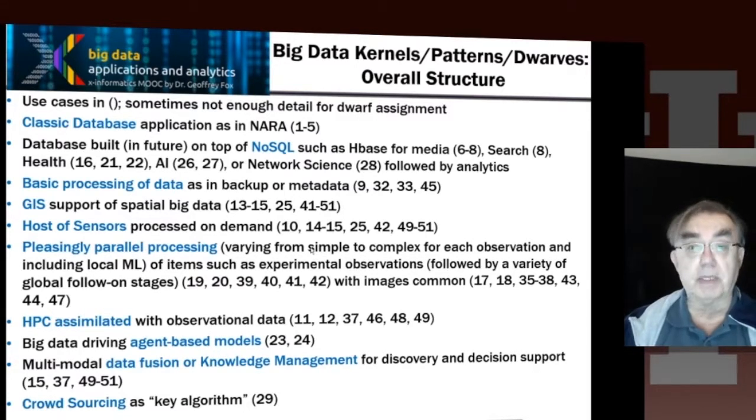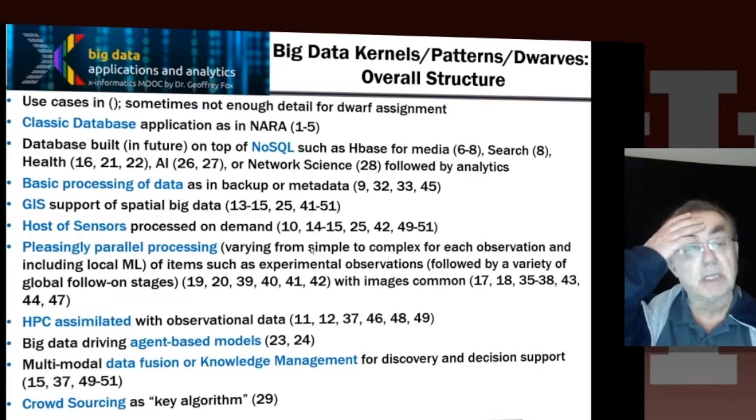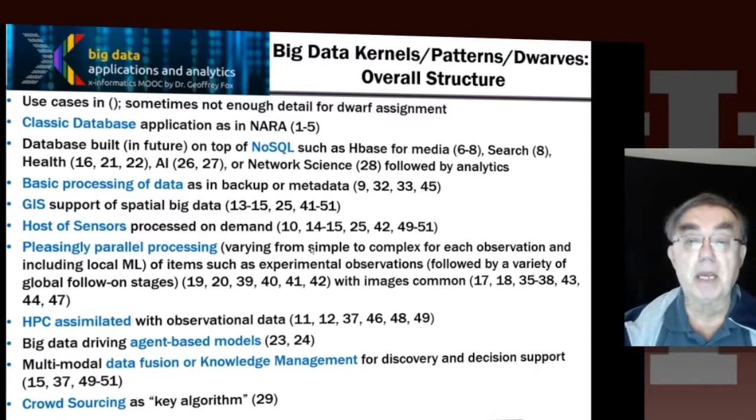And then once they're in a NoSQL database, such as Cassandra or MongoDB, it is somewhat easier typically to apply modern data analytics and machine learning to them. That's because NoSQL tends to distribute the data in an intuitive fashion, consistent with the parallelism of the big data problem across the nodes of the computing system.